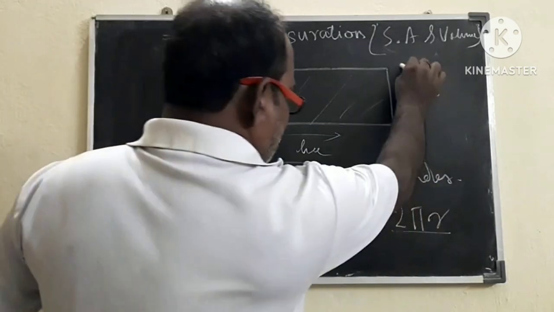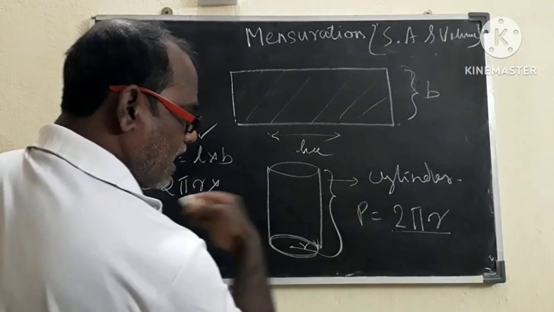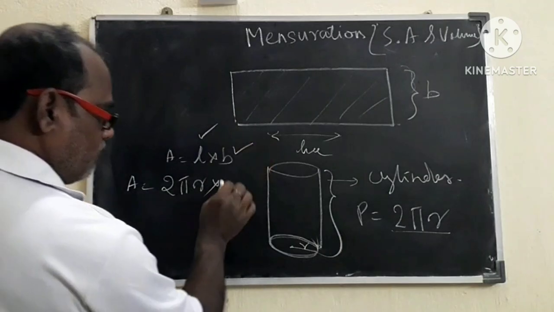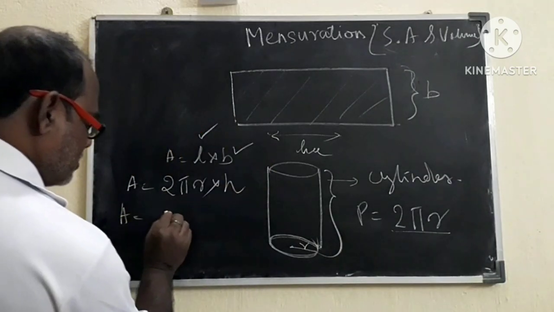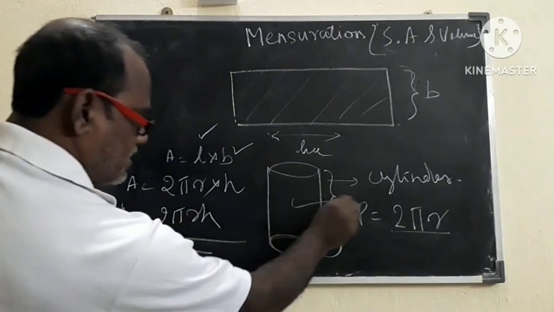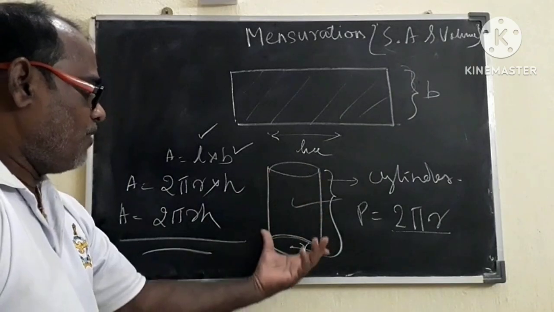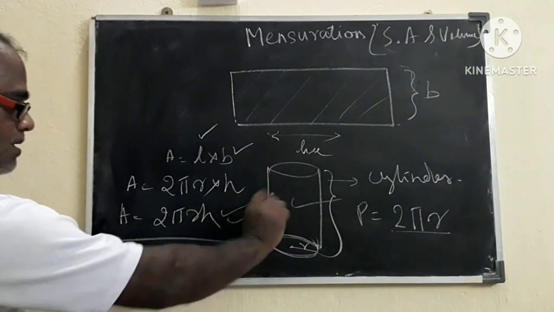Now see, this is the breadth. So this breadth becomes the height also. So b becomes the height here. So instead of b, we can write over here h. Now we have got area is equal to 2 pi r h of this. So this is the area of a cylinder. So the curved surface area of cylinder is 2 pi r h.